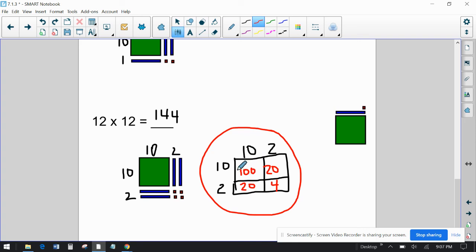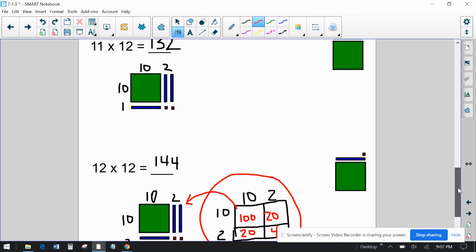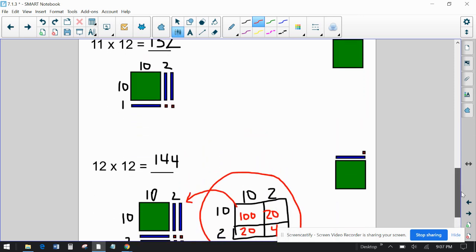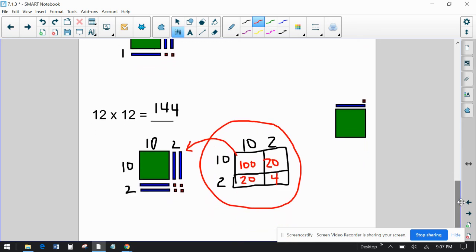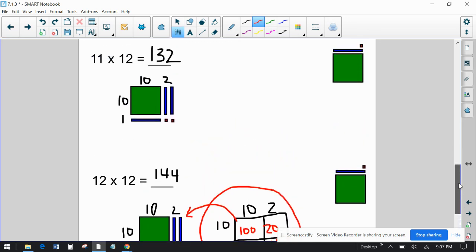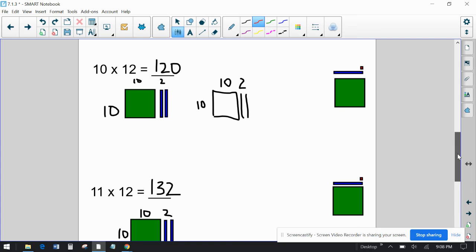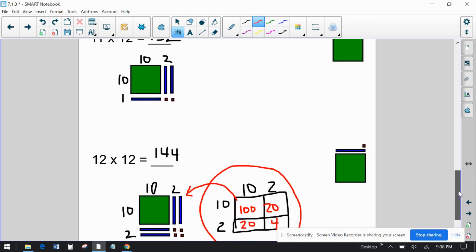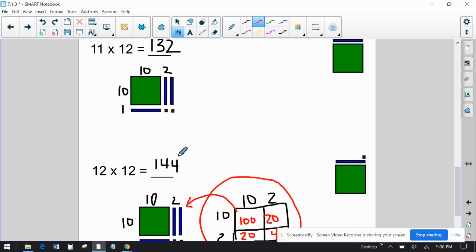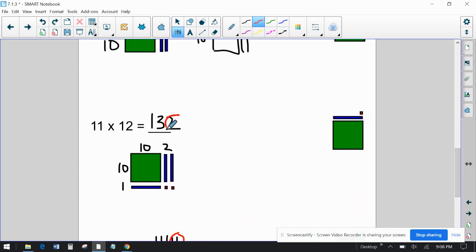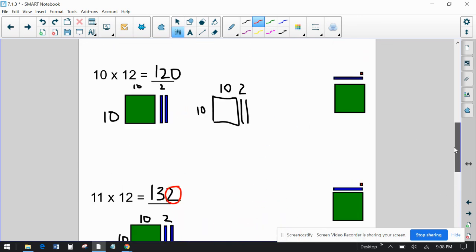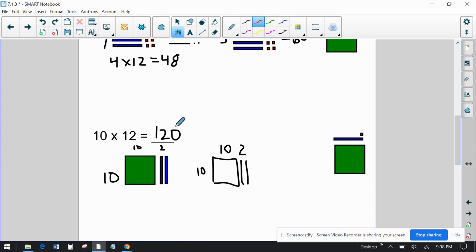But it's basically the exact same thing as these base 10 blocks, building the model with the base 10 blocks. So once again, if you have any questions about how to multiply by 12, if you're wondering how something is done, you can always come back here. One thing is important to notice: every single one of these products is even when you're multiplying by 12.